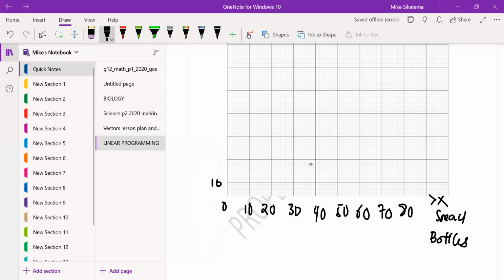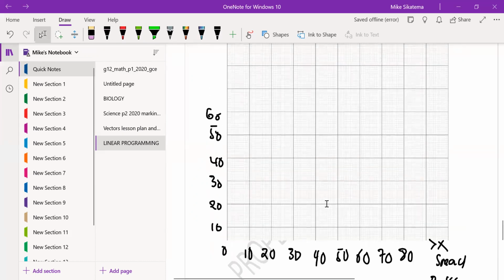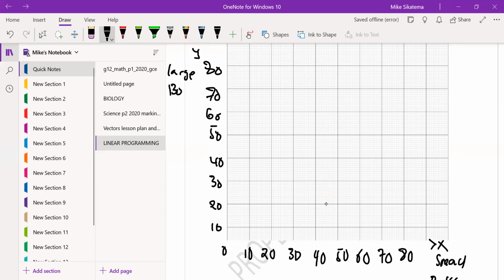Then 0, 10, 20, 30, 40, 50, 60, 70, 80, y, large bottles. So easy.